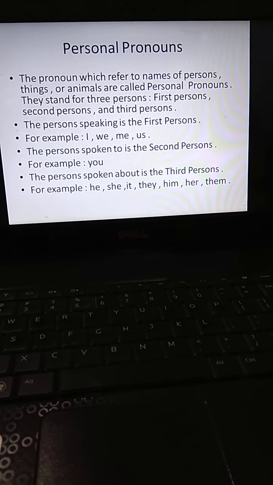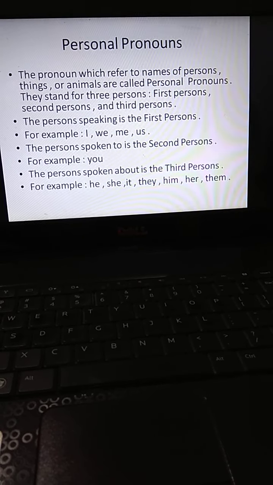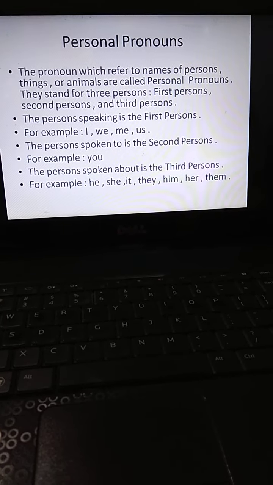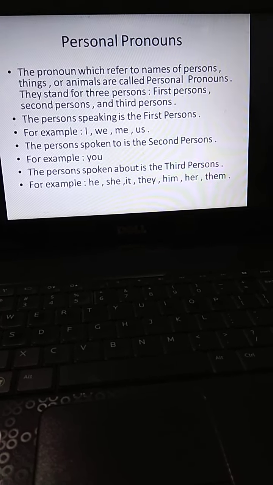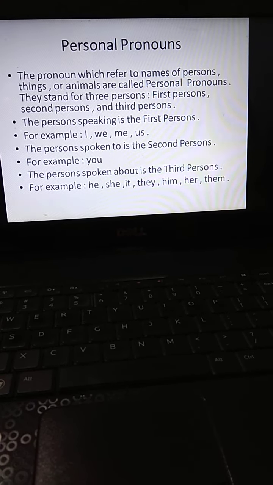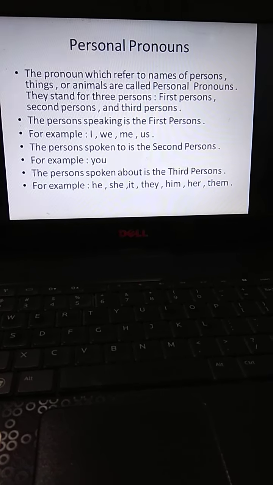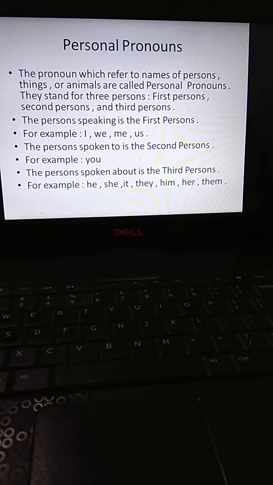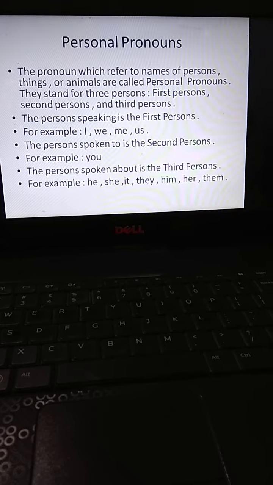Then the person spoken to is the second person. For example, you. So the pronouns which refer to persons spoken to are called pronouns of the second person. For example, you. The person spoken about is the third person.